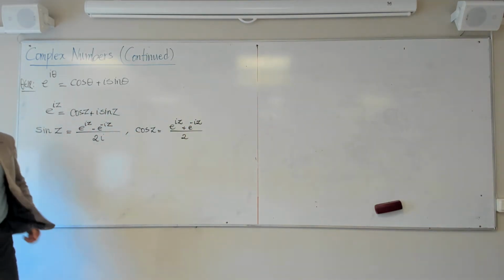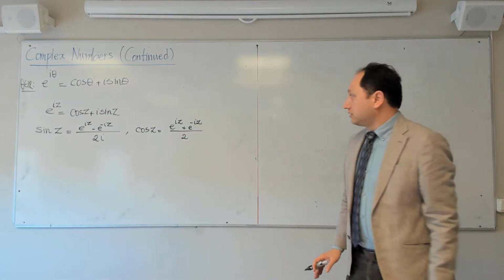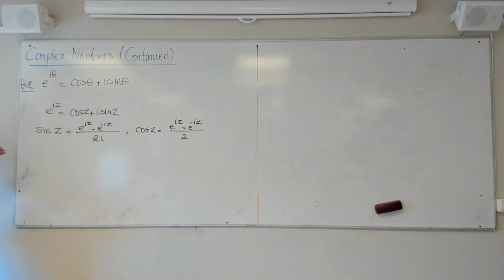So these two were the definitions of sine and cosine when z is a complex number. So sine and cosine for complex numbers have nothing to do with the unit circle. That is just something that we define in this way. Okay? Okay, so now let me just solve one example here.